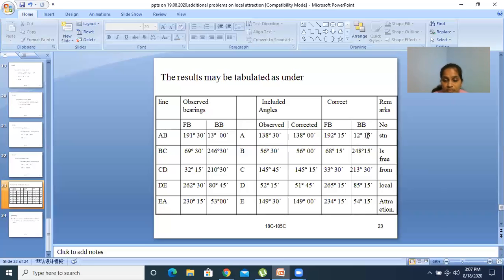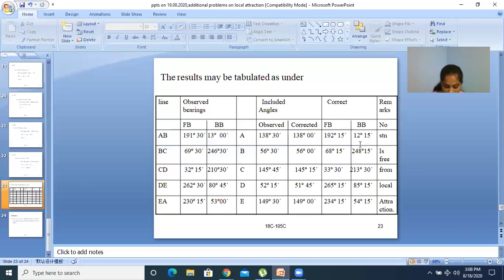So now you can see the difference between the forebearing and back bearing of this corrected value. It must be equal to 180. You can see now. So corrected forebearing and back bearing of AB line is 192 degrees 15 minutes minus 12 degrees 15 minutes.